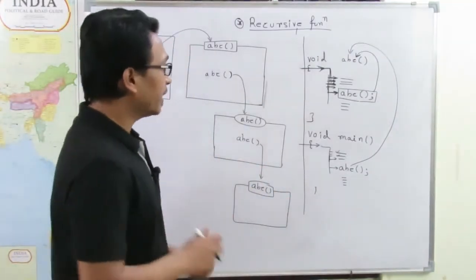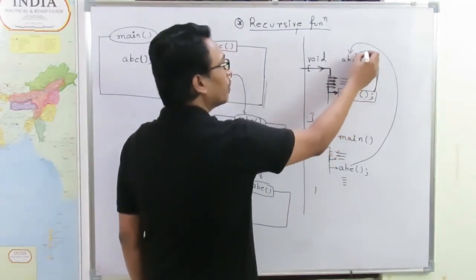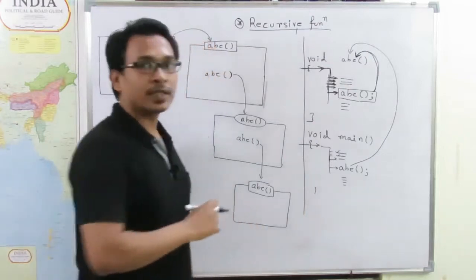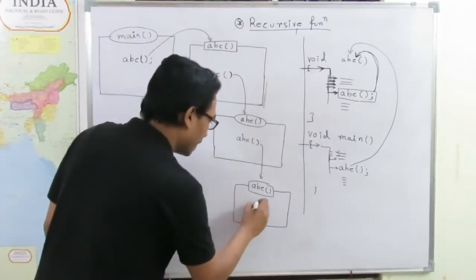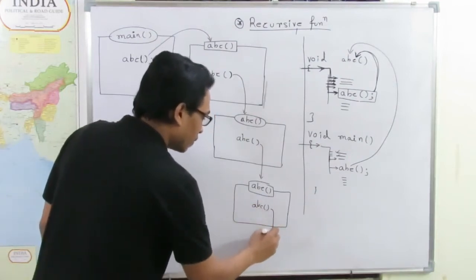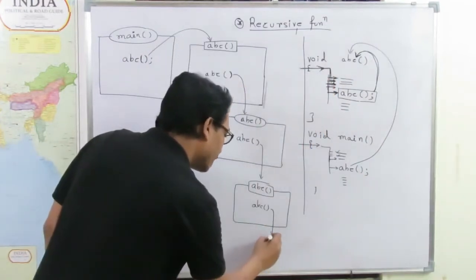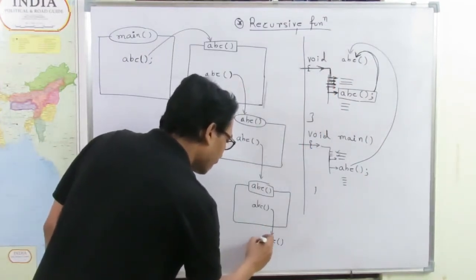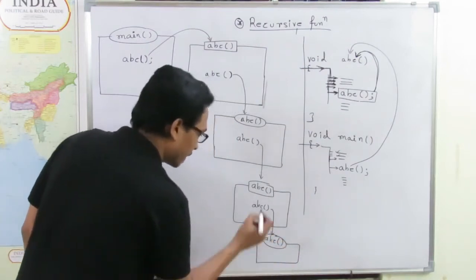Now again the function call is encountered, that means again it will go to the start point of the function definition. That means from this function definition again the abc function is called. That means control again jumps to a new block for the abc function. Now a new memory will be created for the abc function.